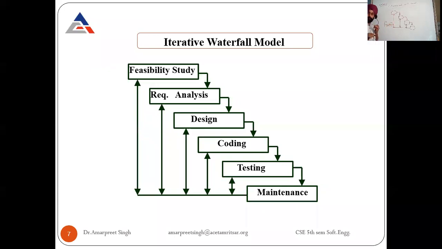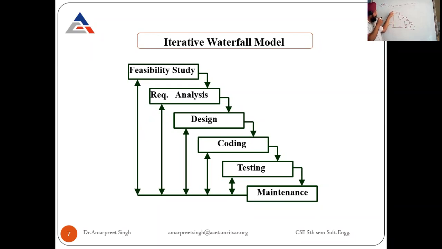Just see it in the diagram in the presentation slide. So the feedback is present. When we leave this phase and move to the next phase, and after this we find that some defect or bug has crept into the previous phase, then it is possible to move from this phase back to that phase.